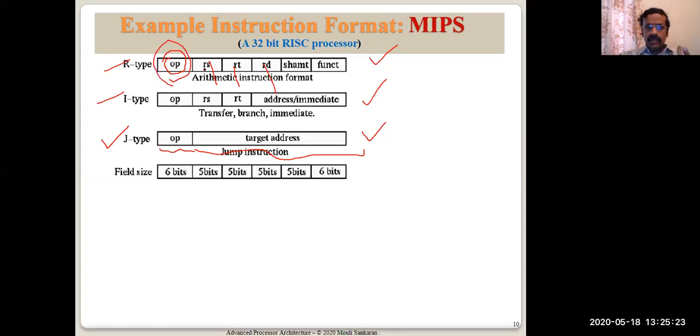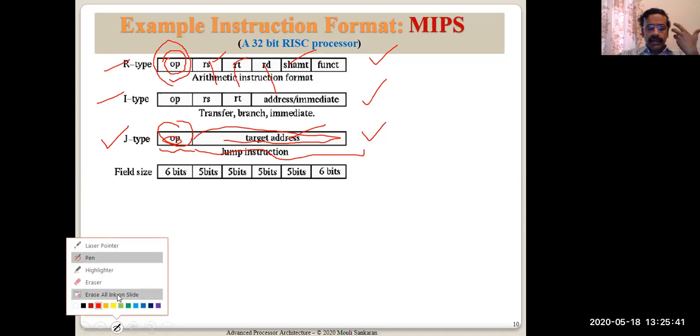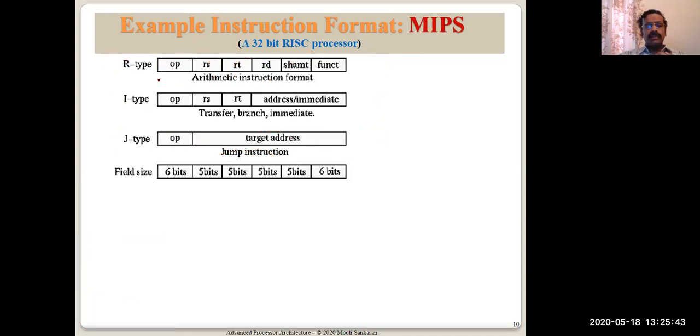If it is an add instruction, it will know that the format is like this. If it is a jump instruction, then if this number is something specific, it will take that this whole thing is a target address offset, a total address. It is supposed to move to this address. So instructions are decoded and understood based on these values. That's all. Don't worry too much.